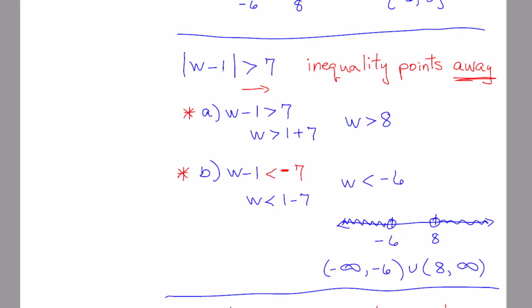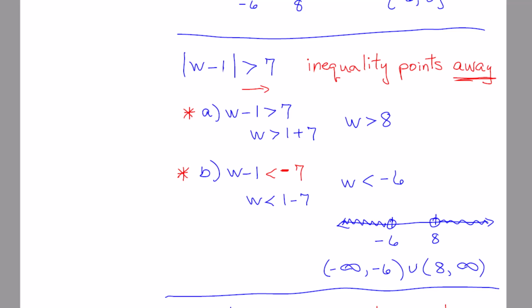In my second one, I have the exact same inside. Two changes. The inequality points the other way, and I've got the negative of the number. So I move the 1 again. 1 minus 7 is minus 6. And so I get all of the stuff less than minus 6.